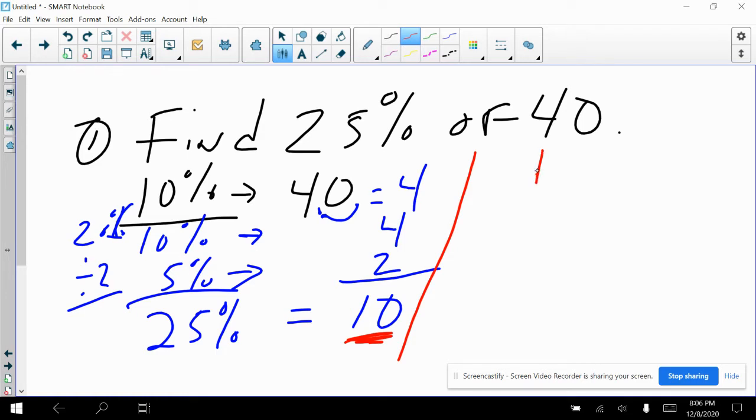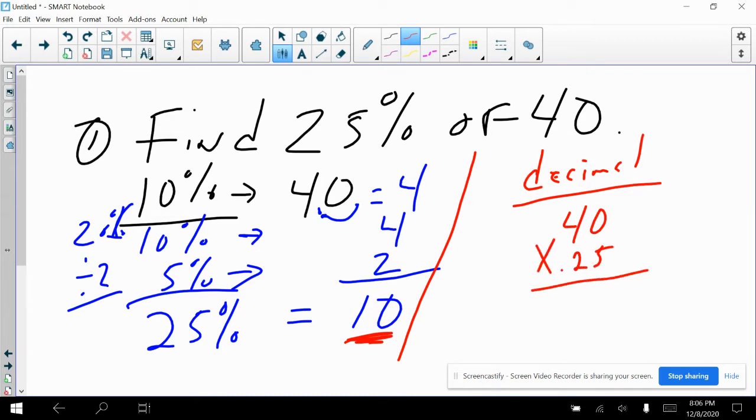Okay, but if you're doing it by finding the decimal, right, this is just straight arithmetic. You can take 40 and multiply it by 25 hundredths, right? We get 0, we get 20, we get 0, we get 0, and we get 8. And if we do our math, we get 1,000.